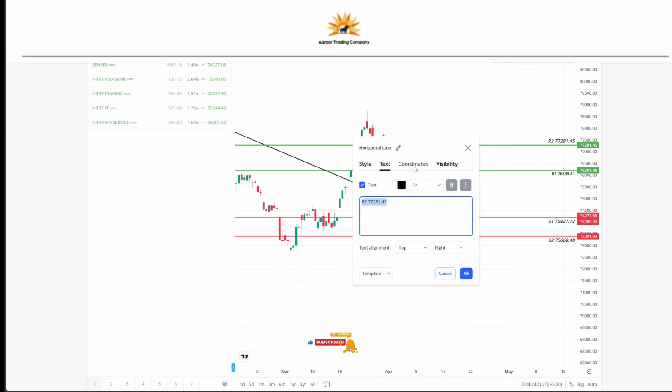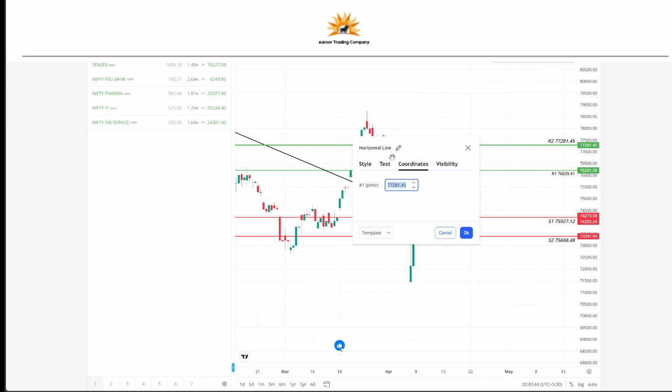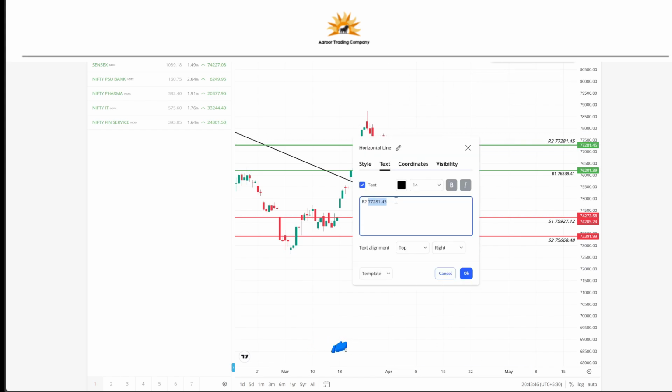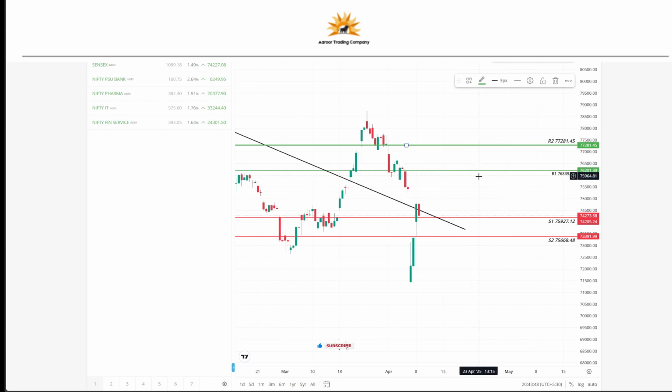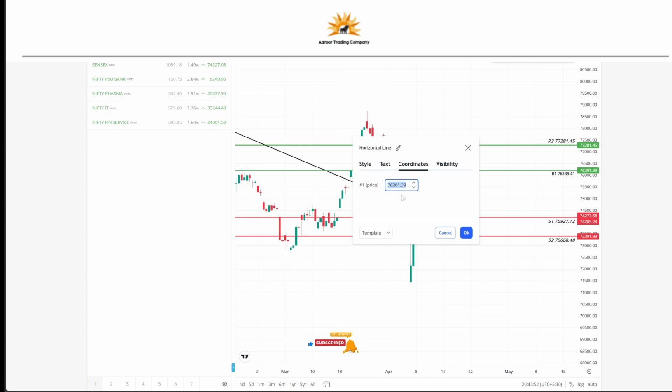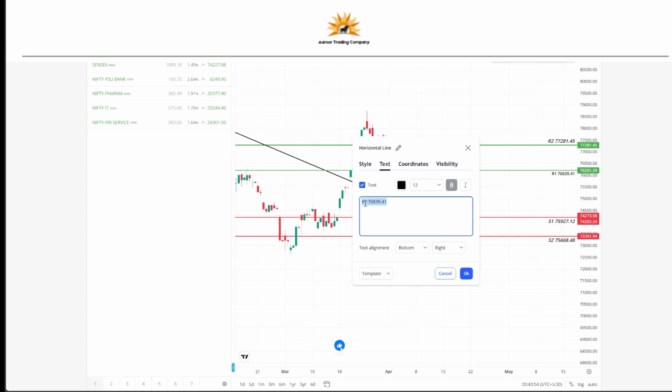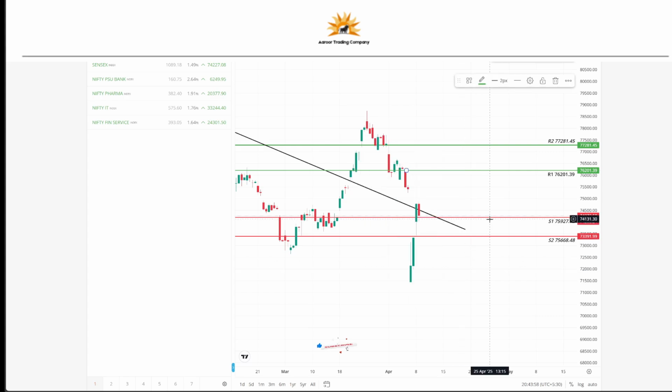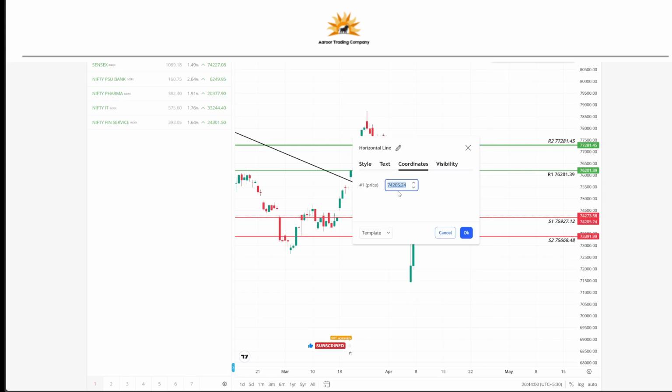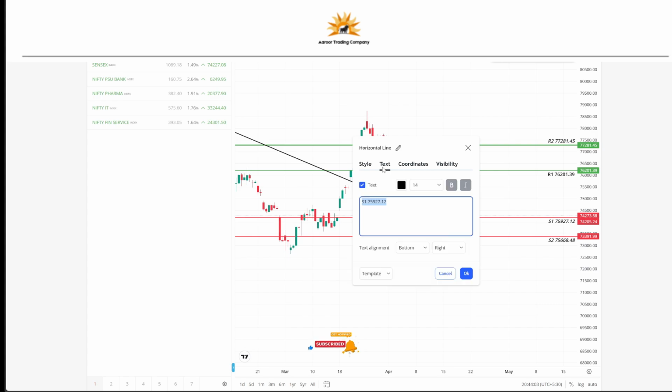R2 is 77,281, whereas the R1 range is 76,201. S1 is around 74,205.